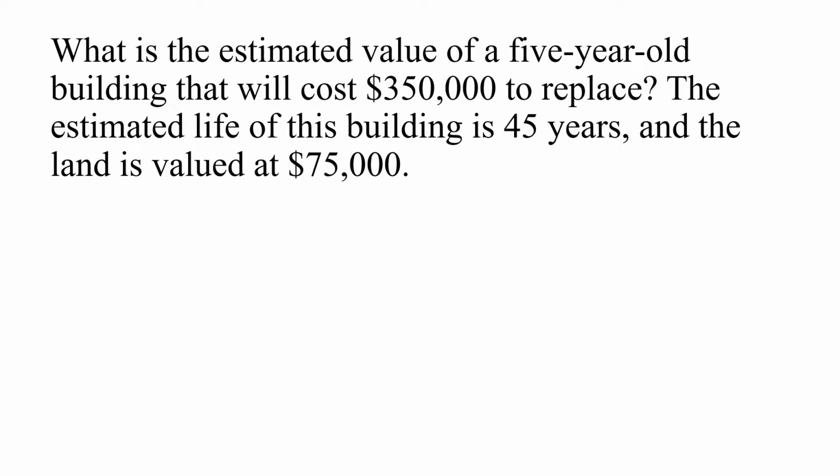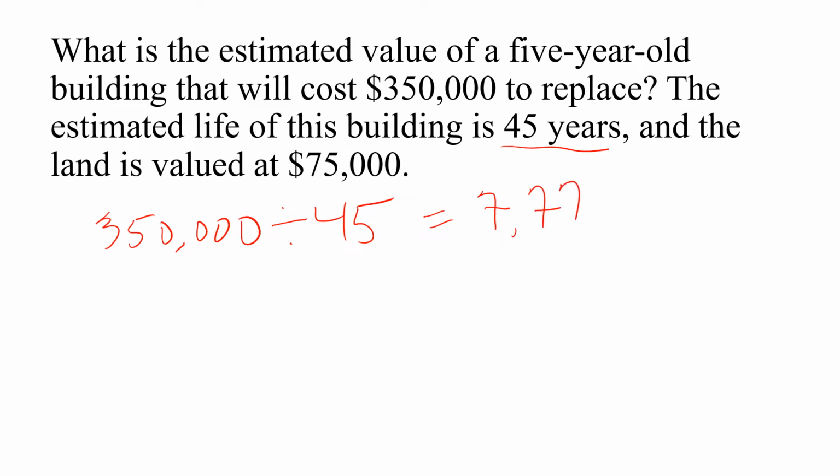So let's start with the cost to replace the building, which is $350,000, over 45 years. So let's come up with an annual value of the building. If we take 350 divided by 45 years, and I'm going to round my answer, I'm going to get $7,778 per year.